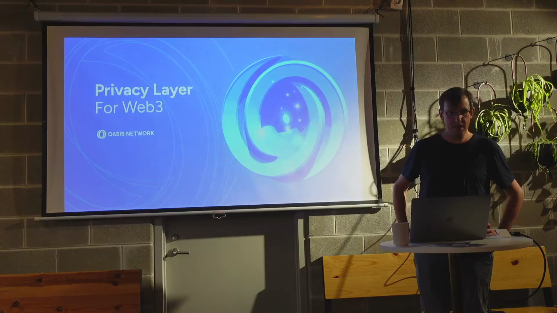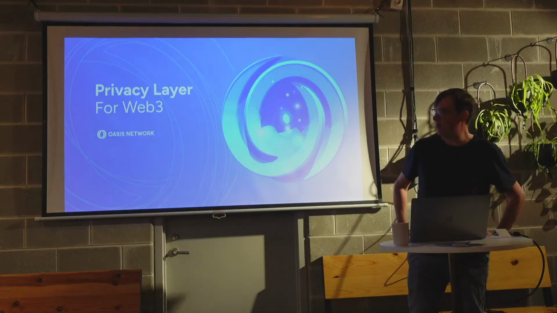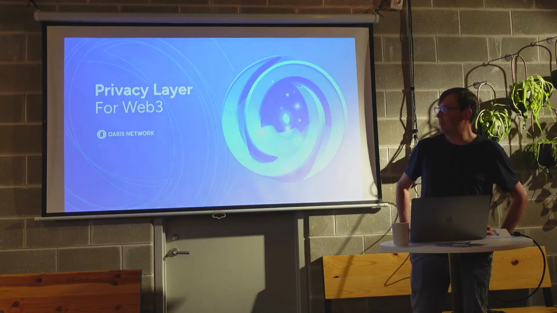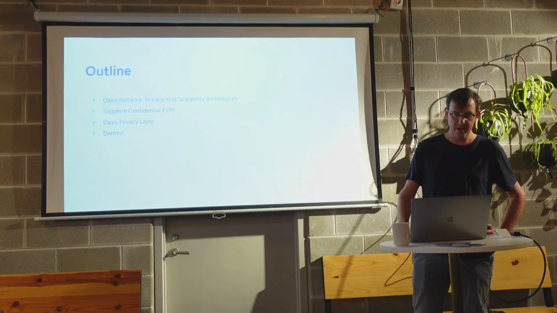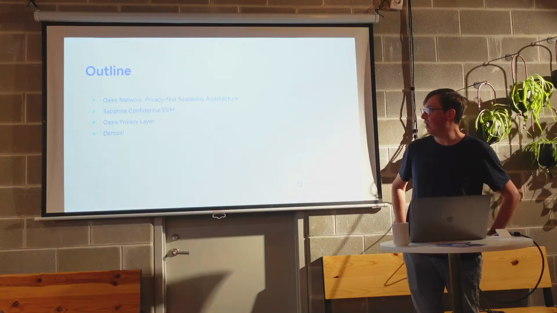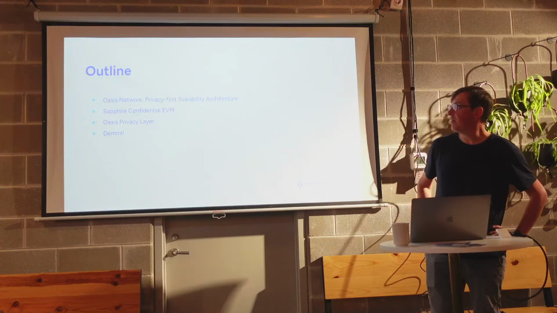Let's get started. I'm going to give an introduction of the platform that we're building for bringing privacy to Web3. First, I'll give a brief introduction to the Oasis network for anyone who isn't already familiar with it.